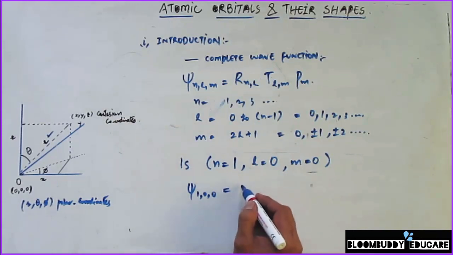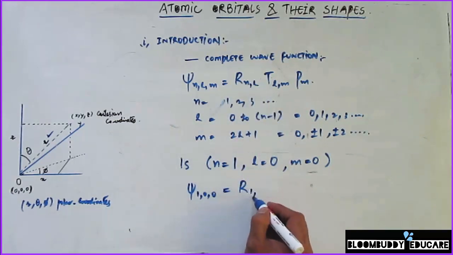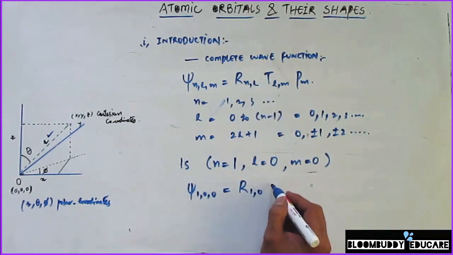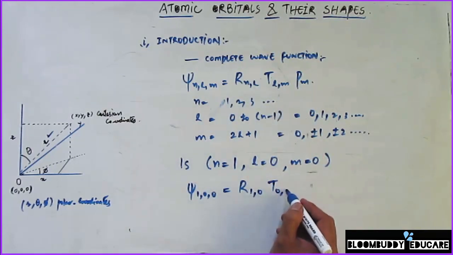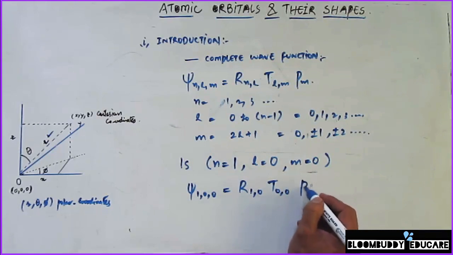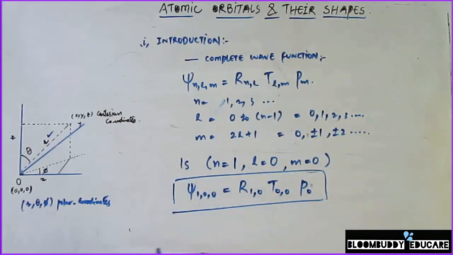It becomes equal to the radial wave function R, with the quantum numbers associated with it, that is n is 1 and l is 0. Similarly, for the angular part, l is 0 and m is 0. So this becomes the complete wave function for the 1s orbital.